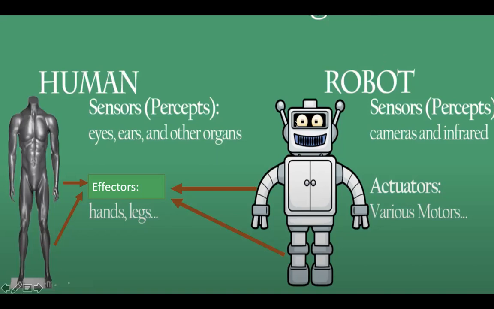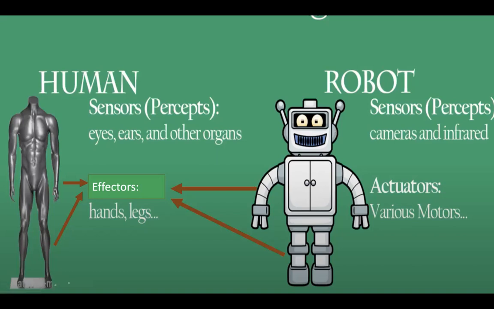Now, an AI agent interacts with the world through sensors. It's called percepts, and it's also an input. So, for example, the eyes are the camera that is taking the vision of the world, and the ears can be any sound receptivity sensor.